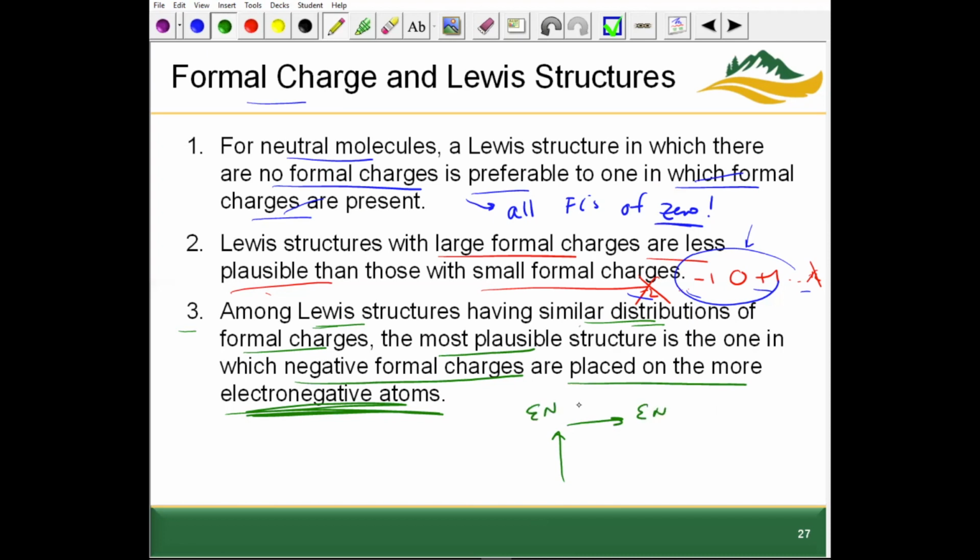So if we have to have a non-zero formal charge, we are ideally placing a negative formal charge on the more electronegative atoms. More electronegative atoms are stable with electron density around the atom. This can be the trickiest guideline to look at for formal charges and Lewis dot structures.